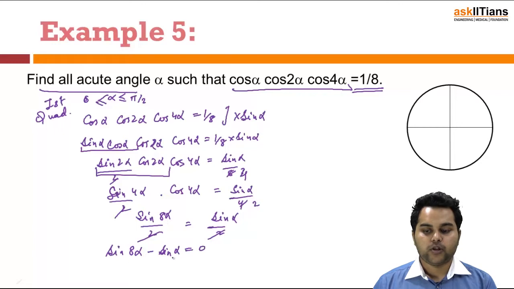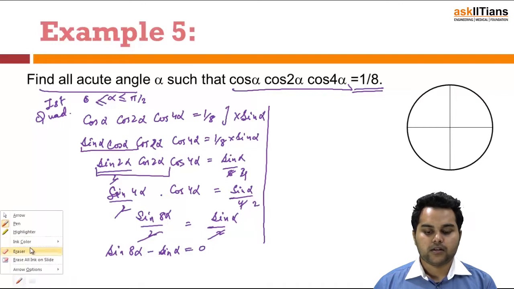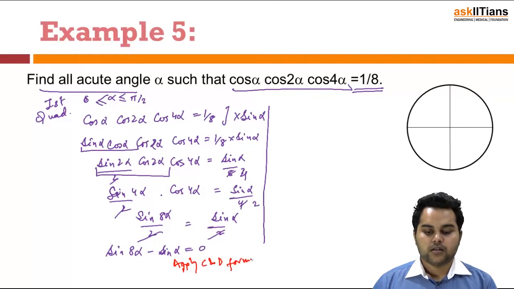If I apply the C and D formula to this, that is, the sum or the difference form can be written in terms of the product form. Here it is of the form sin C minus sin D, which can be written as 2 cos of (C plus D) by 2 sin of (C minus D) by 2.